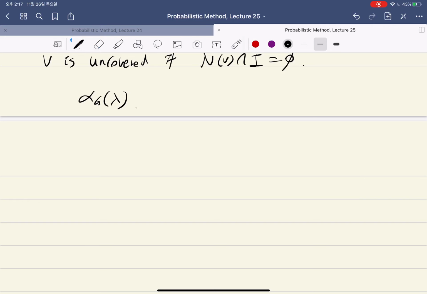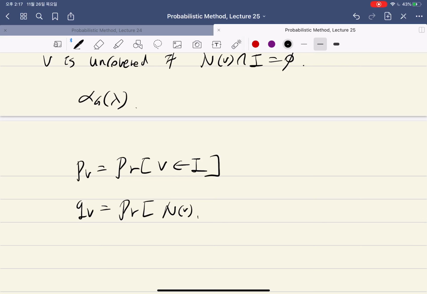So we will use that, and let's say P_B is the probability that B is in the independent set, and Q_B is the probability that it's uncovered, or its neighbors are not in the independent set.